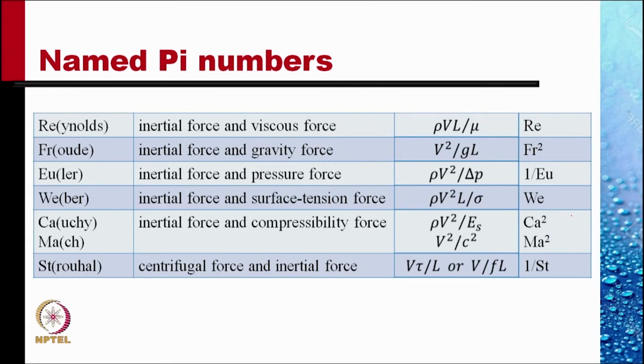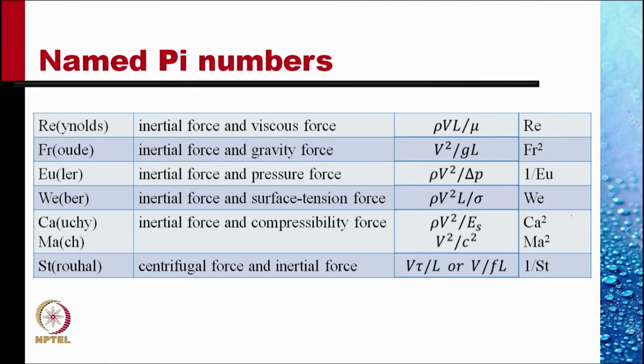From the various component of forces, we obtain these pi numbers which are often used. There are more pi numbers which occur, but we have taken only a sample that commonly occur.